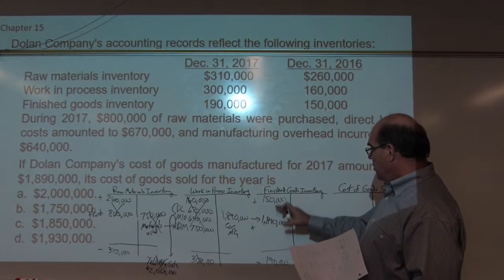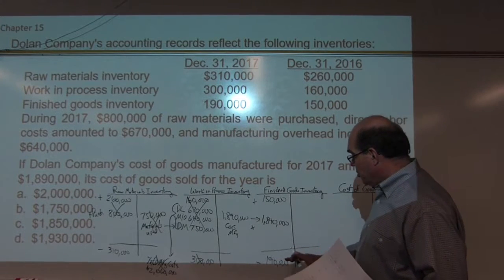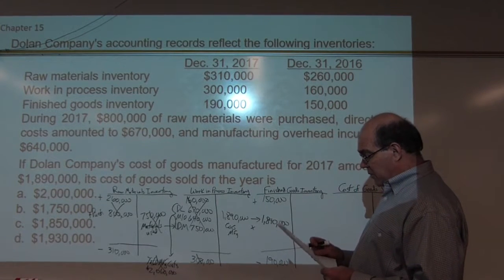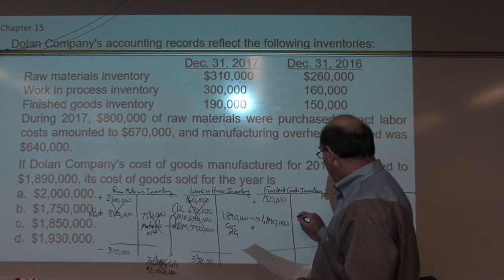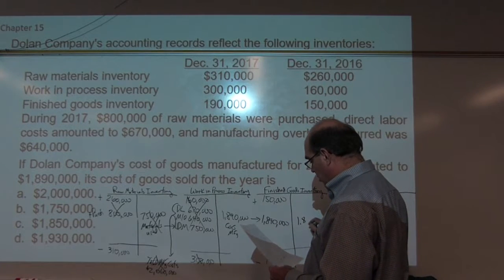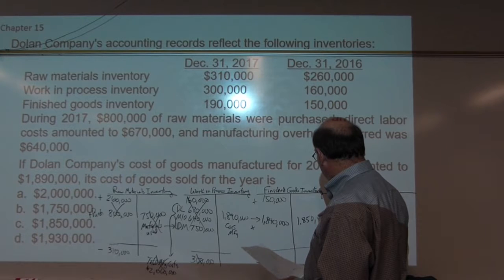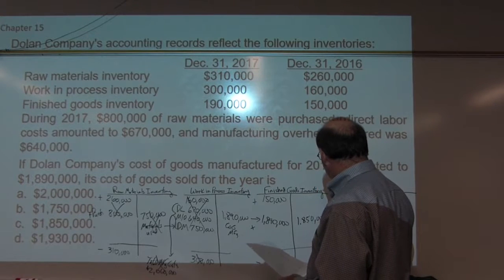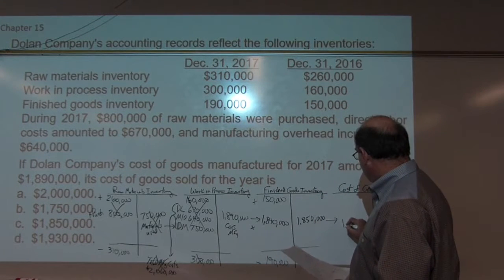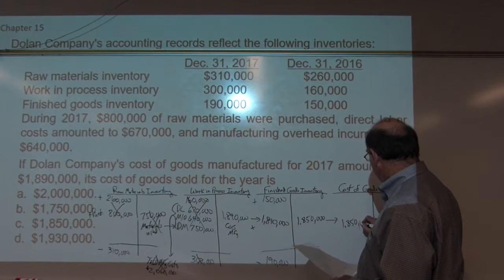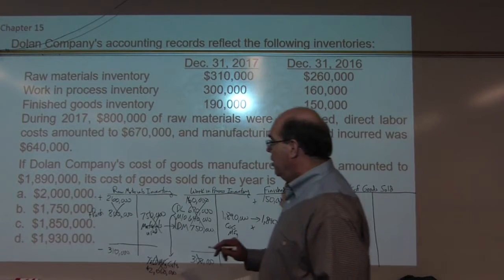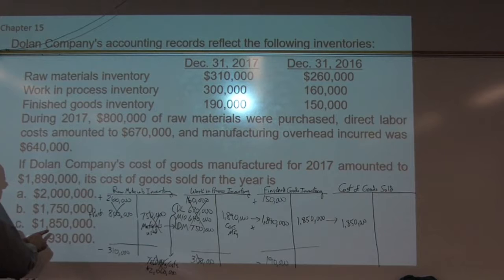So if those two added together was what I had available, and there's only 190 left, the difference must have been how much got transferred out. And that would need to be a credit of $1,850,000. And that's what comes over here to my cost of goods sold. So I look over here and I see, oh yeah, here's my cost of goods sold, $1,850,000.